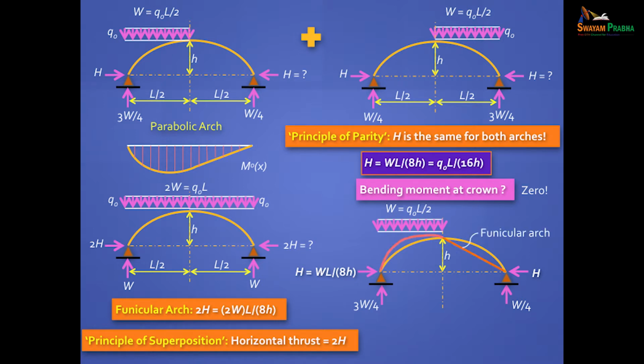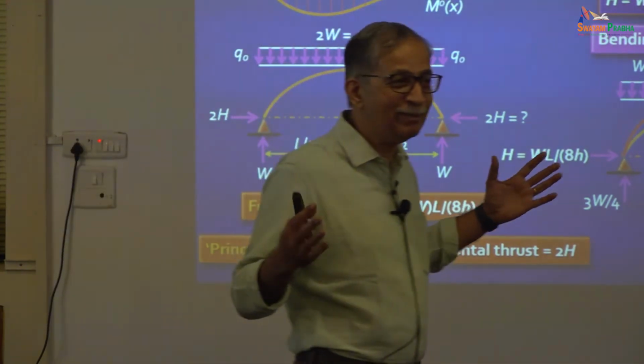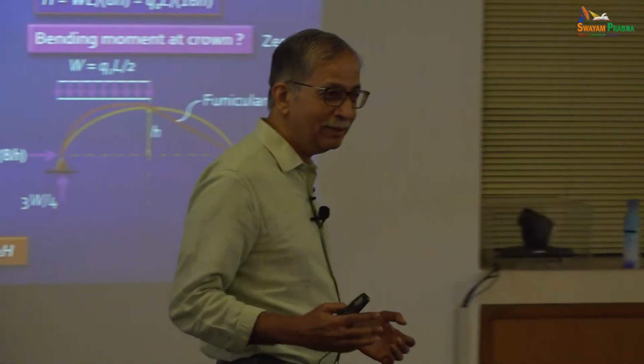And if you superimpose here, if you had to keep the same crown location here, this should have been the arch you would have made. Yes or no? You should think like that. This is the funicular arch, this is the real arch. Real arch, looks wise, is symmetrical and it looks good. And the Romans made absolute semicircular arches.